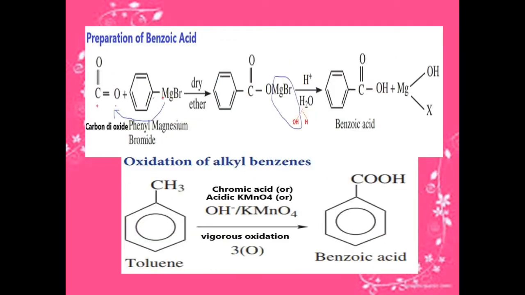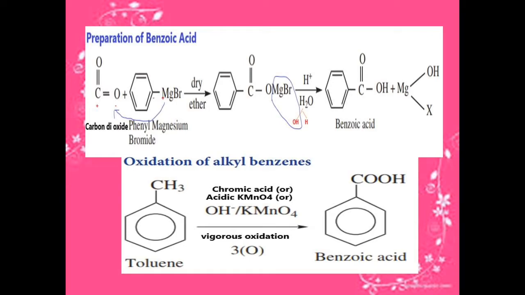The next one, preparation of benzoic acid. It is also prepared from carbon dioxide with phenyl magnesium bromide. This phenyl magnesium bromide is a Grignard reagent. That phenyl becomes negative. Why? Because the magnesium has a positive character. In the same way, in carbon dioxide, the carbon becomes positive because the double bond electron is attracted by the oxygen because of its electronegative nature.